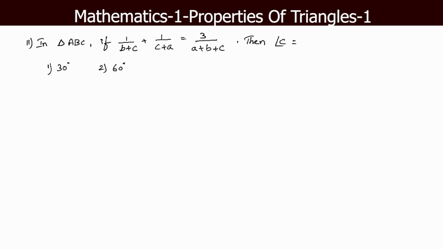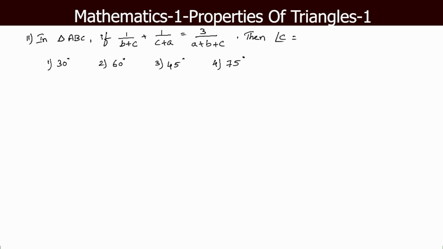Next, the 11th problem. In triangle ABC, if 1 by B plus C plus 1 by C plus A is equal to 3 by A plus B plus C, then angle C is equal to: 1) 30 degrees, 2) 60 degrees, 3) 45 degrees, 4) 75 degrees.